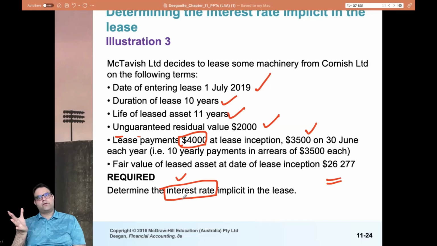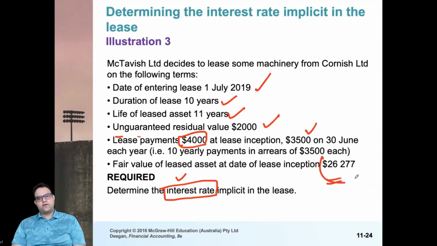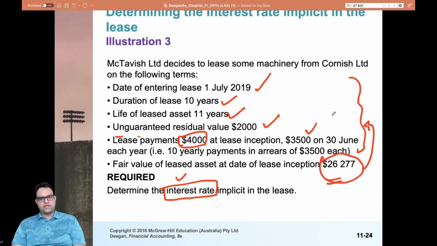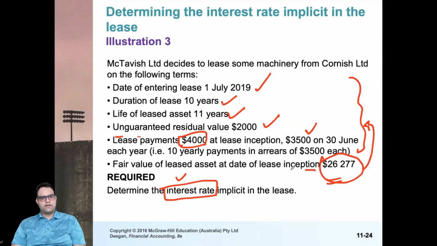In this question, we will match the fair value of the asset with the present value of all these cash outflows and see if the two are similar. If they are similar, we can assume that the rate we used is the same as the rate used to determine the interest rate.